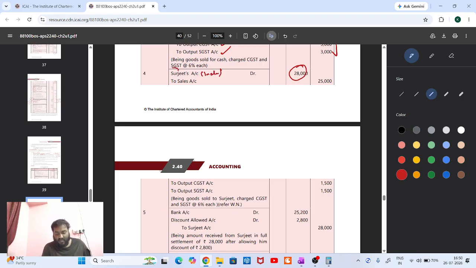So the total amount, we remember that whenever there is a debtor or creditor, it comes in the total amount, right? The total amount of 28,000 comes here to sales. How did we get 25,000? How did we get 25,000?